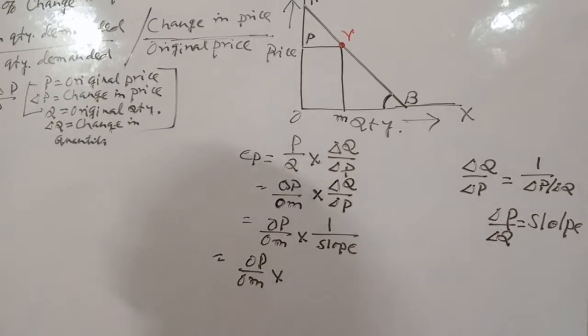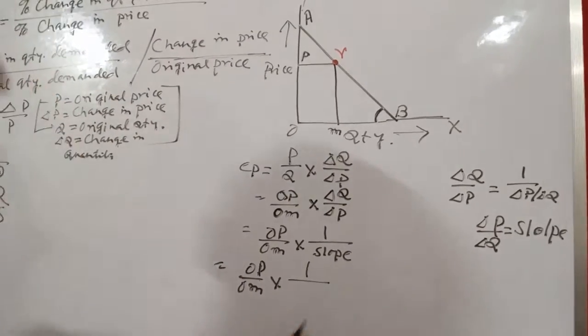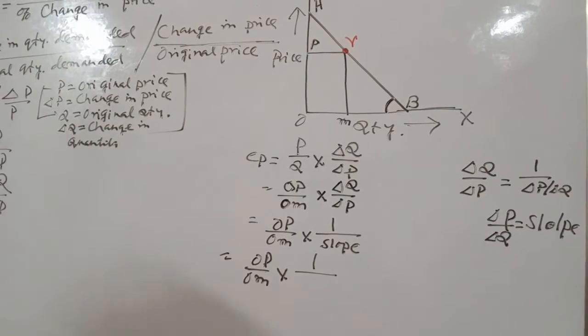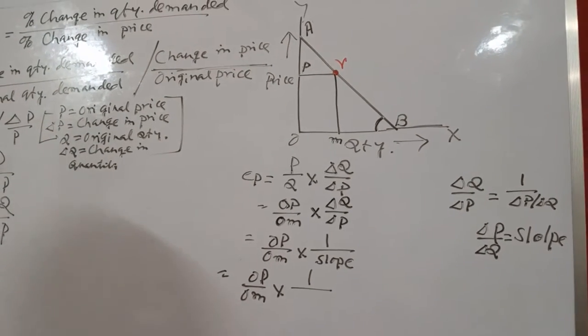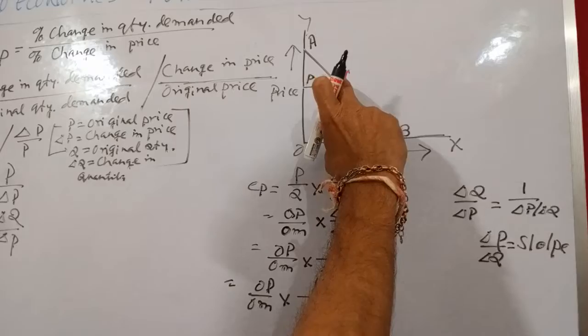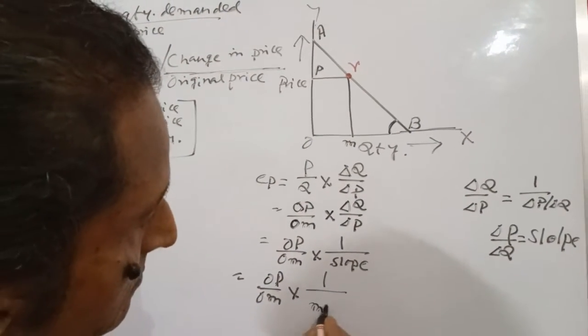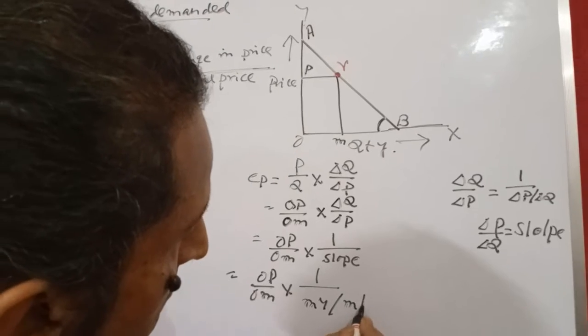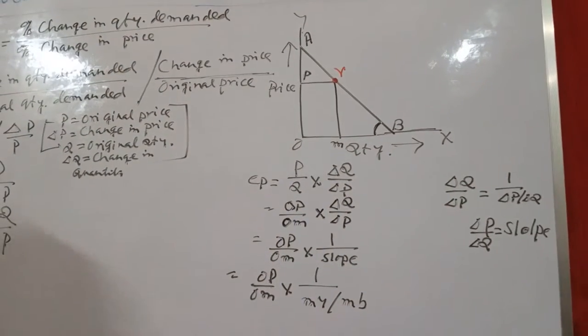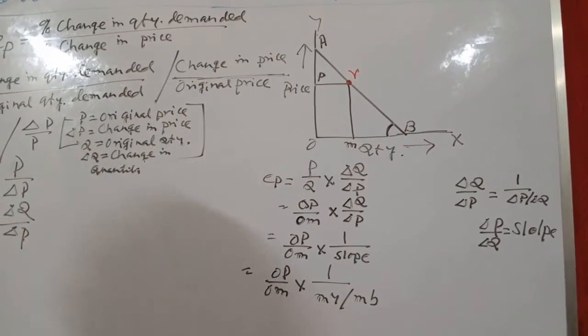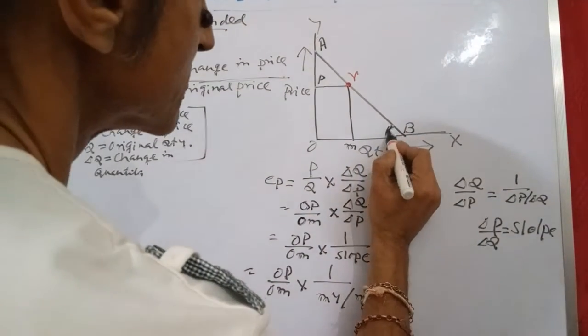into 1 by, now what is the slope of the demand curve? MY by MB. It is tan of this angle.